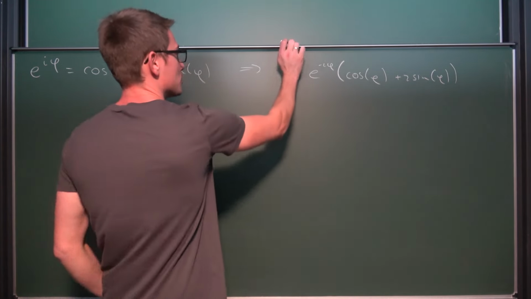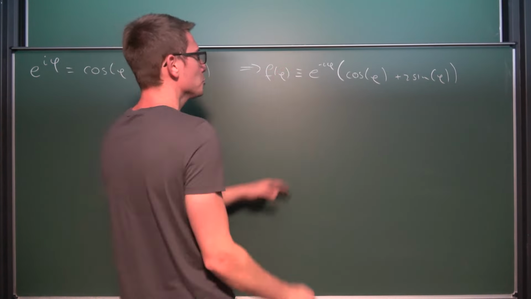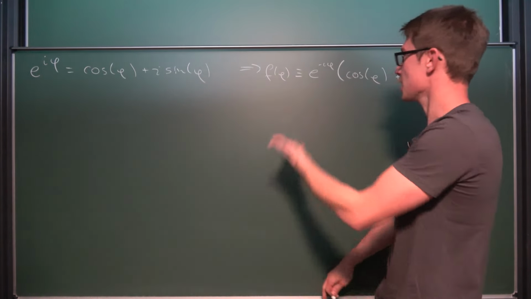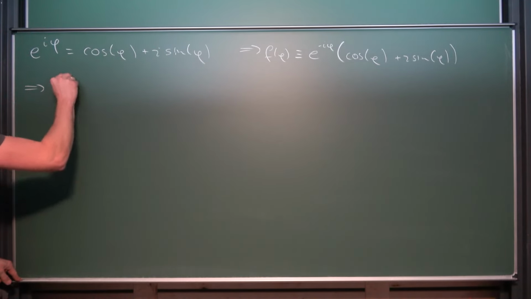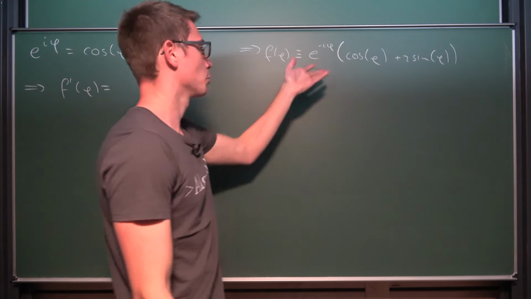So we're going to define ourselves a function f of phi to be equal to e to the negative i phi times blah blah blah. And now we are going to differentiate this thing with respect to phi, and then we need to make use of the product rule, obviously.